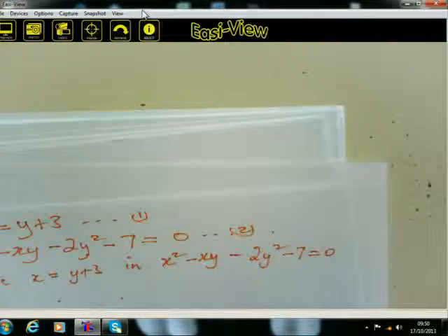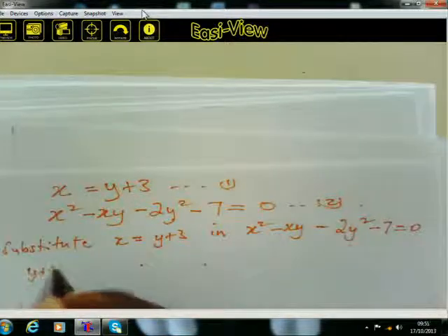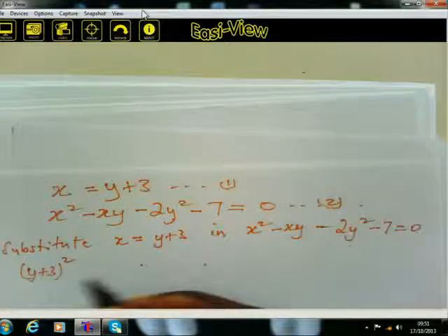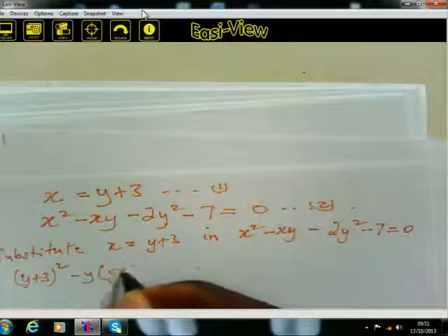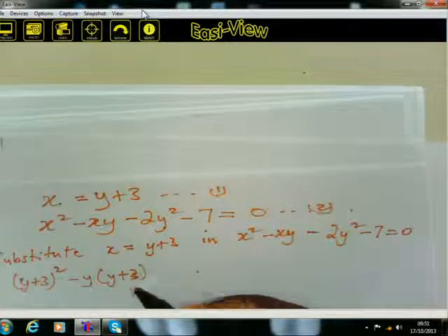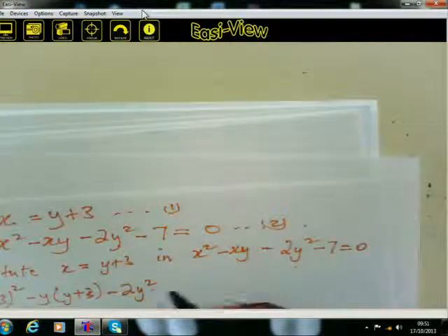Substitute x by y plus 3. Then this is going to be (y plus 3) all squared minus y into (y plus 3) minus 2y squared minus 7.